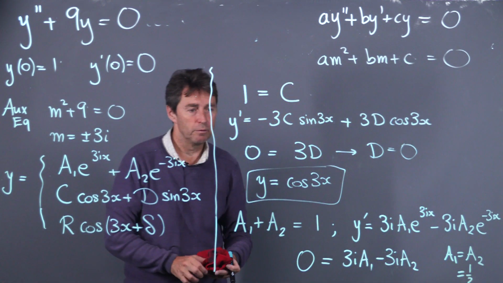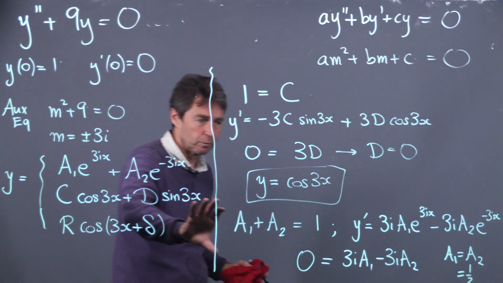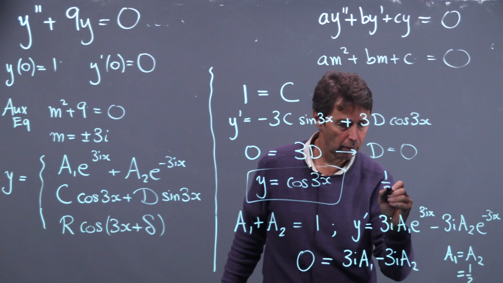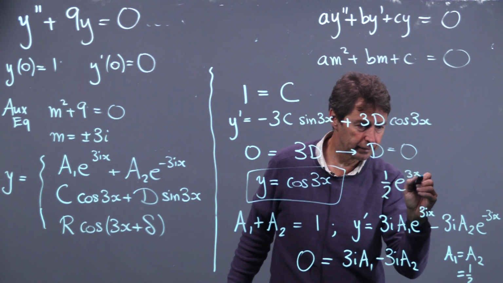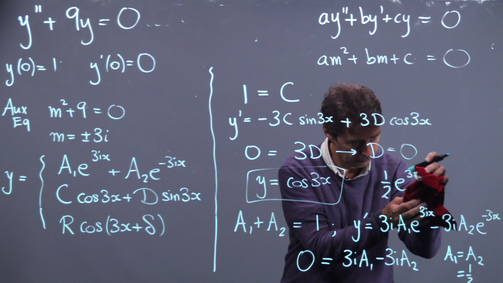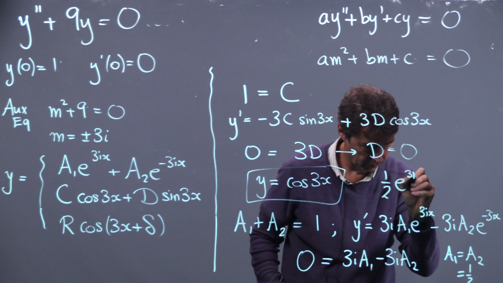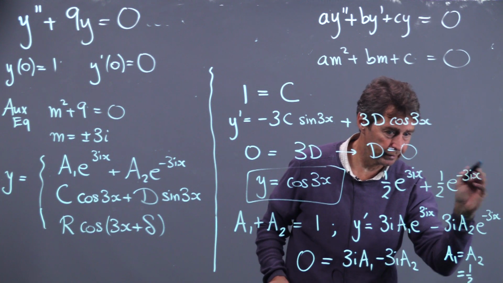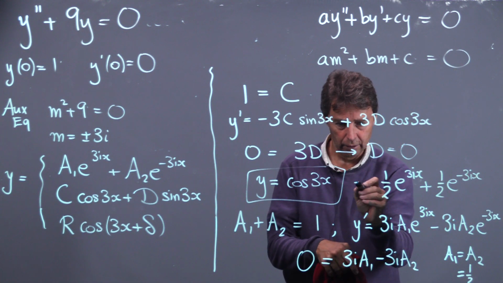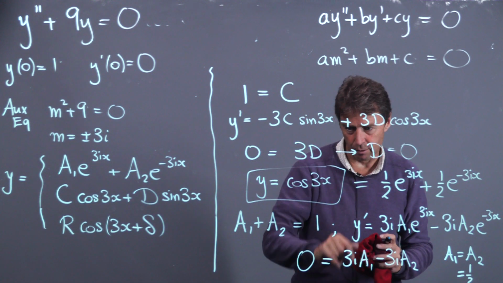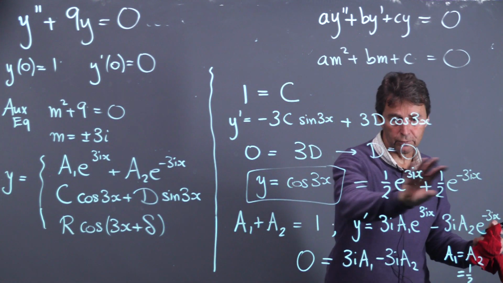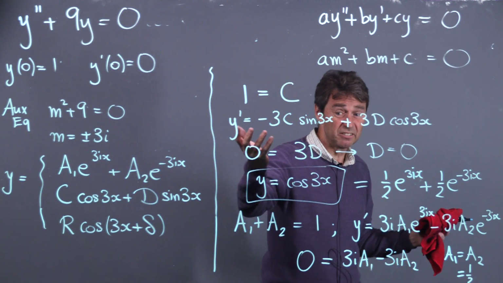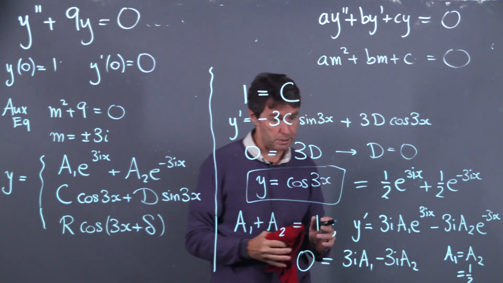So that's doing it with the exponential form of the solution, and it would work out fine. You get 1/2 e to the 3ix plus 1/2 e to the minus 3ix. So that's just this other form of the solution. And in fact, it's the same as that, as you can establish by using Euler's formula. So we've got these two different forms of the solution, as either a single cosine or two of these complex exponentials.